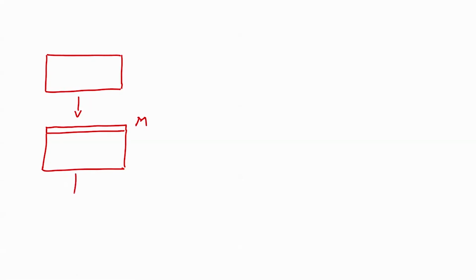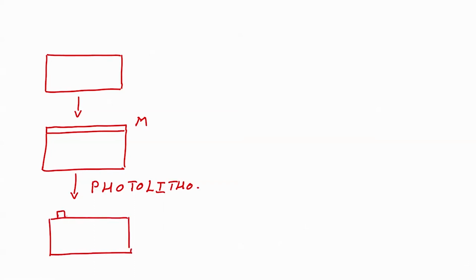On this, we will perform photolithography. I am not going into depth of photolithography, you know how to perform photolithography. When you perform photolithography, you can have a micro heater.